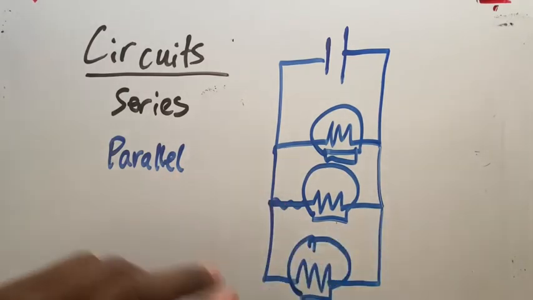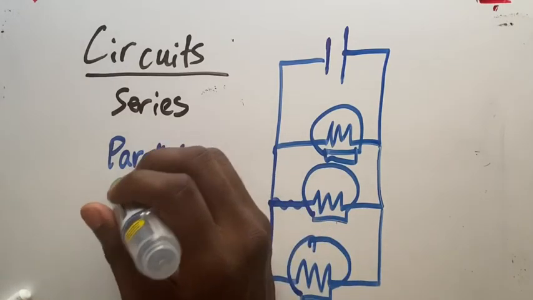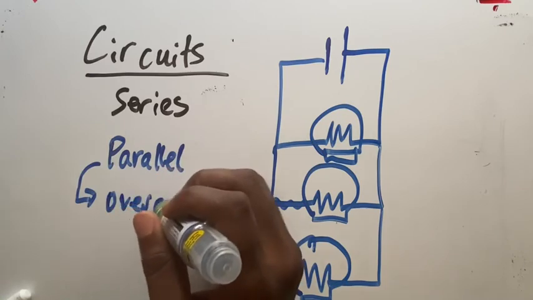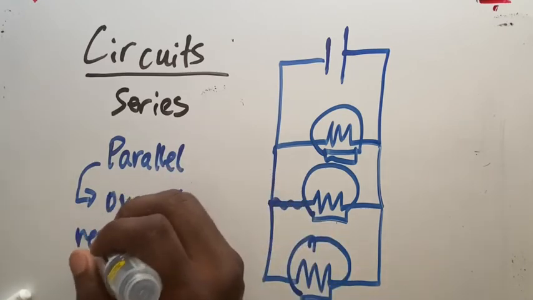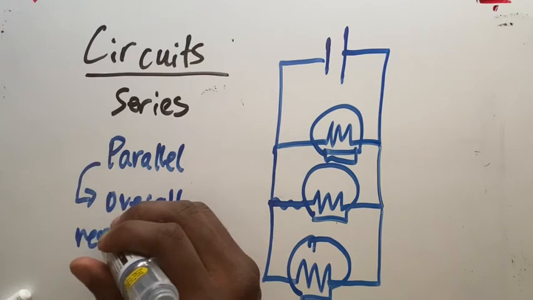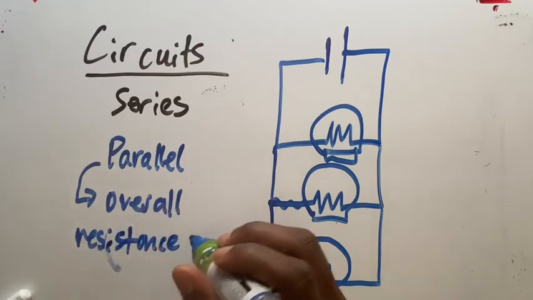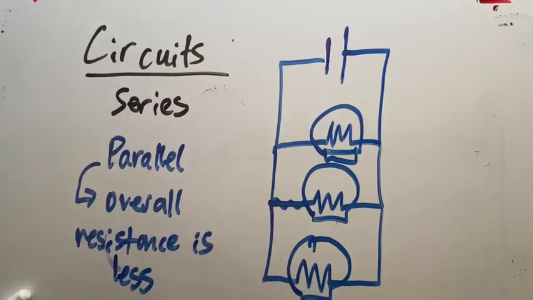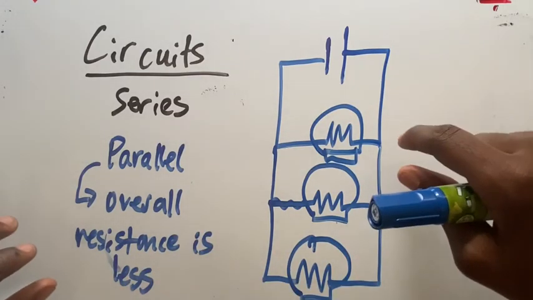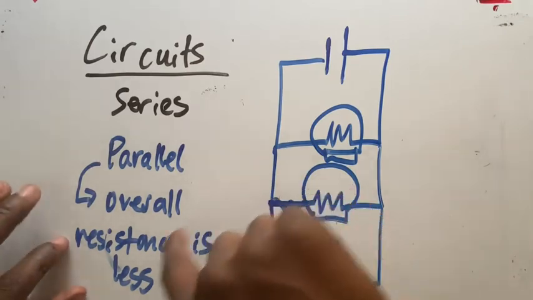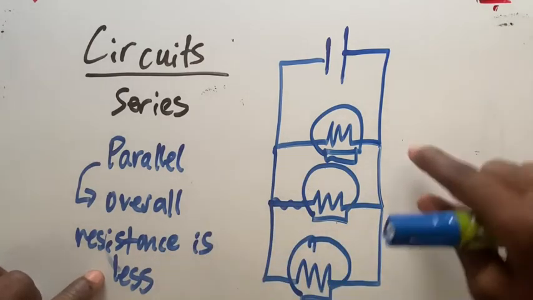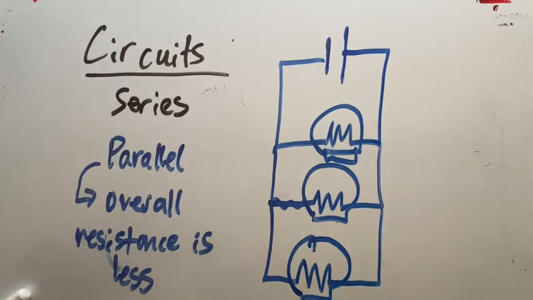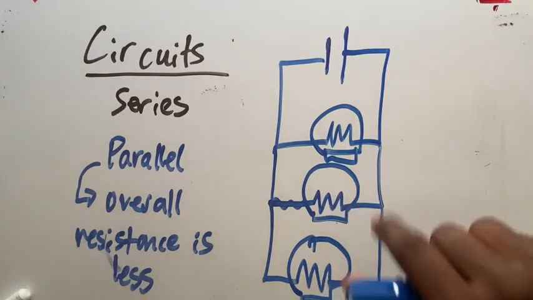Whenever a circuit is in parallel, the overall resistance is less. So for circuits that are in parallel like this, the overall resistance gets less and less the more bulbs we add in parallel. So what does that mean for these bulbs here?